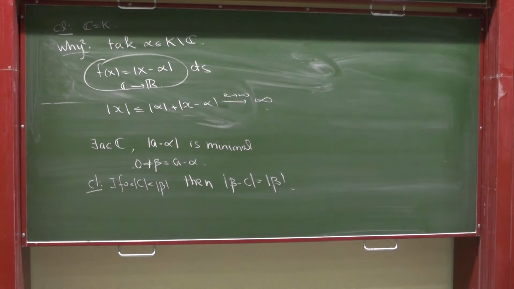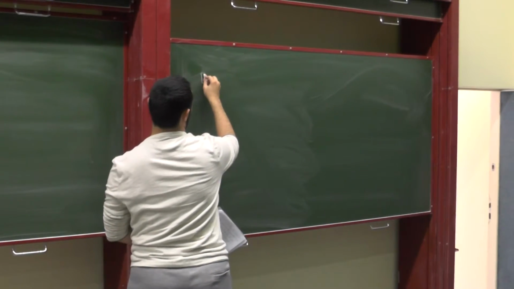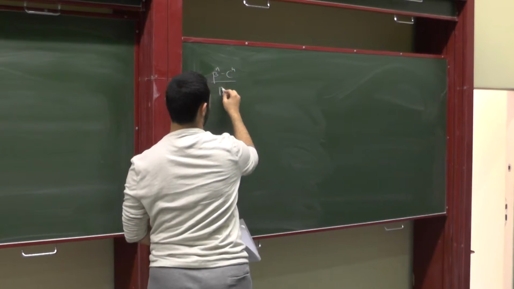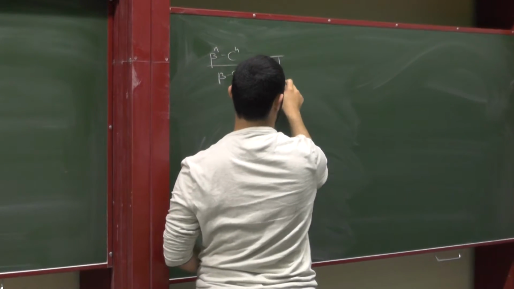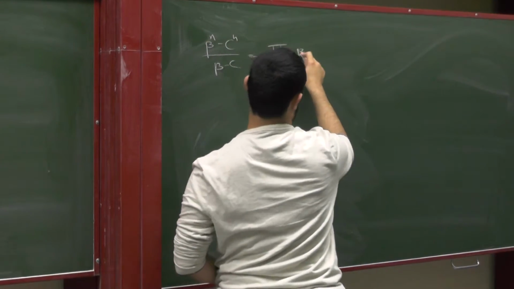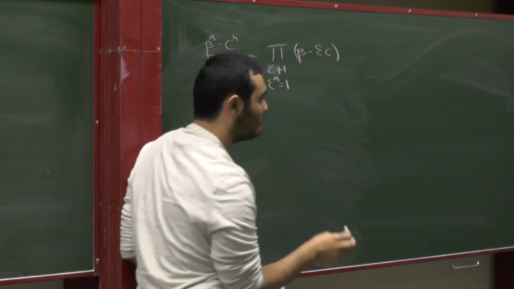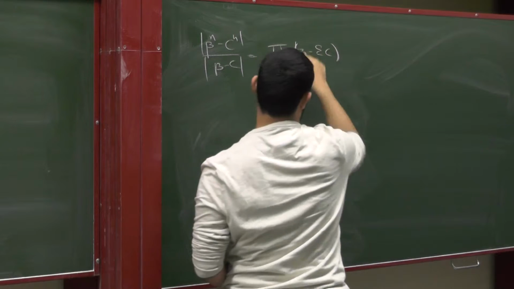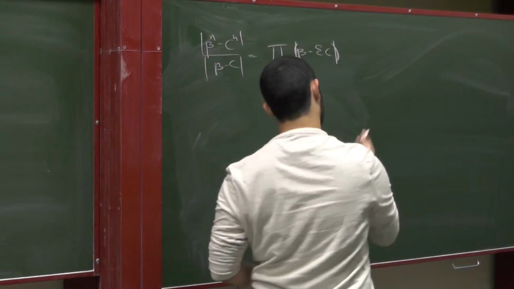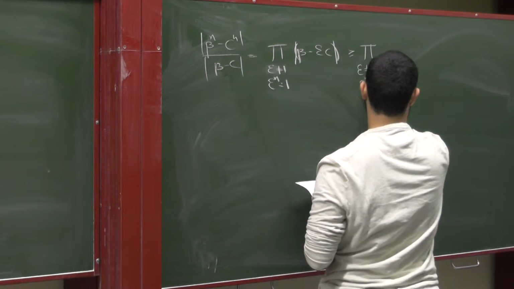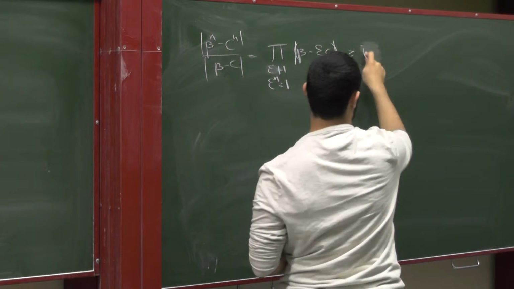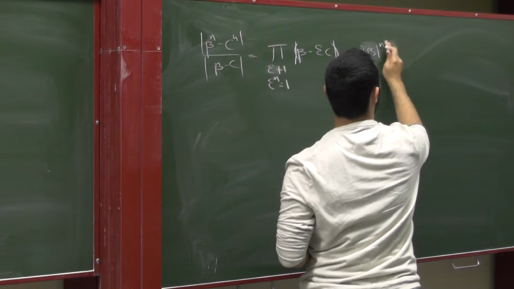Okay. So why is this true? Pick such c. So for all n, you have that this is true. So I can take absolute value. And by minimality of beta, or A if you wish, each of those is at least the absolute value of beta. So I have this.